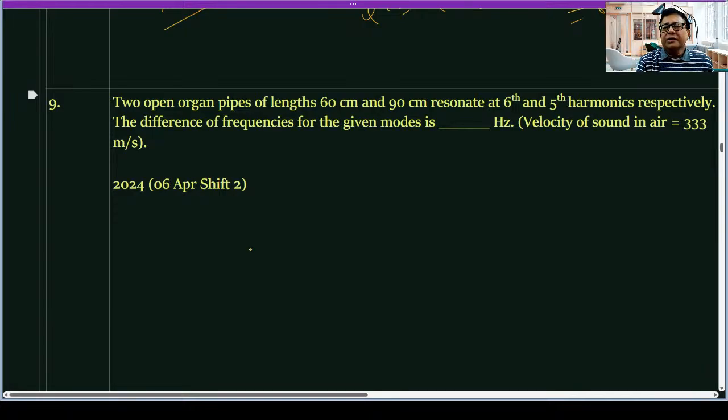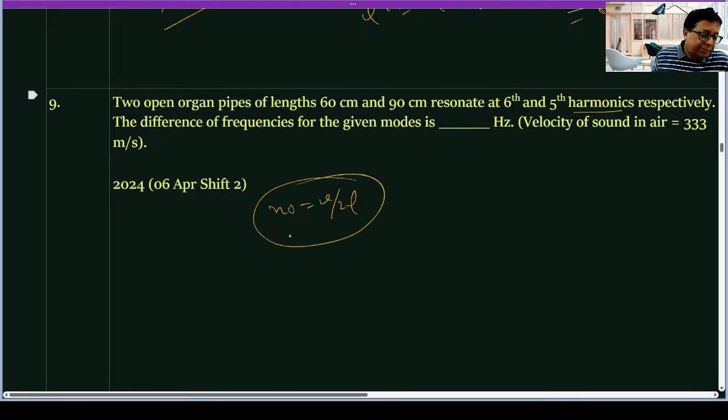I remind you, this is for an open organ pipe and these are harmonics, not overtones. For overtones, the frequency will be (P plus 1) N0. For harmonics, it will be P N0. Clear? And the fundamental frequency is V by 2L.